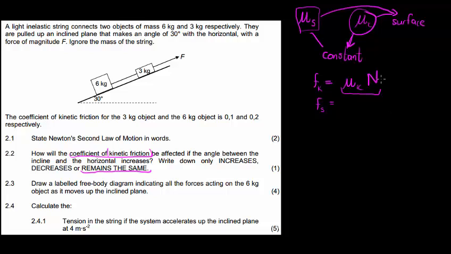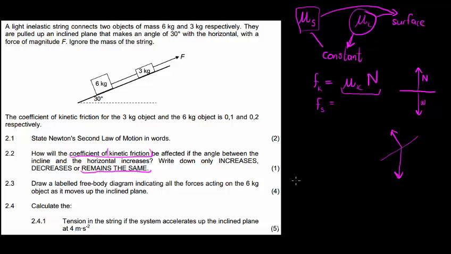Okay, now the normal force increases the flatter the surface is. Okay, so for example, the normal force for a horizontal plane is equal to the weight. So the normal force is equal to the weight. As the surface makes an incline, okay, it becomes smaller than the weight.